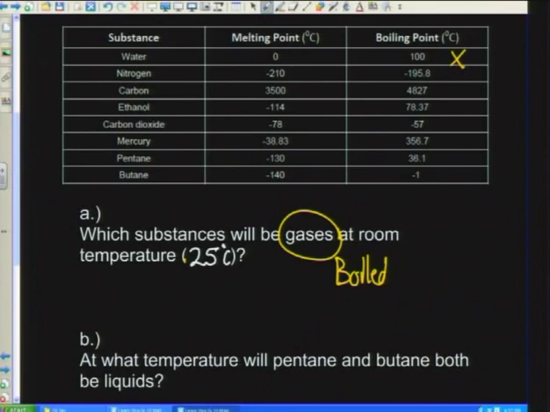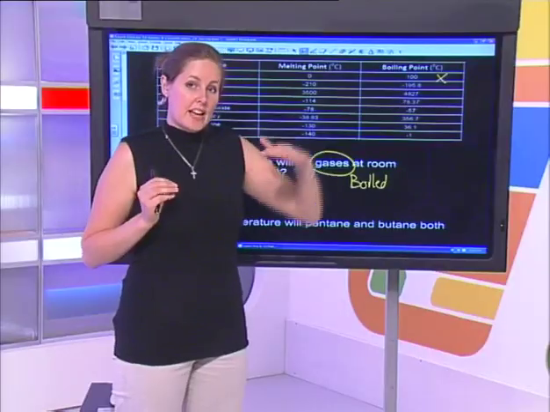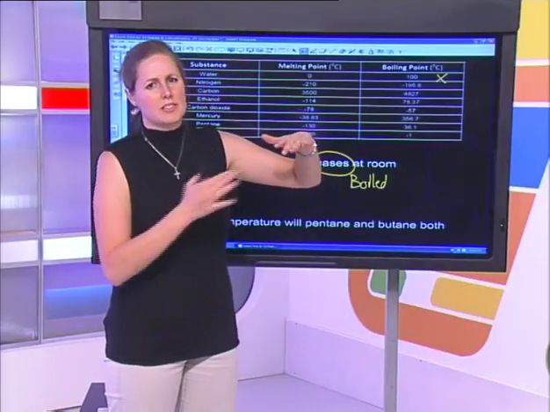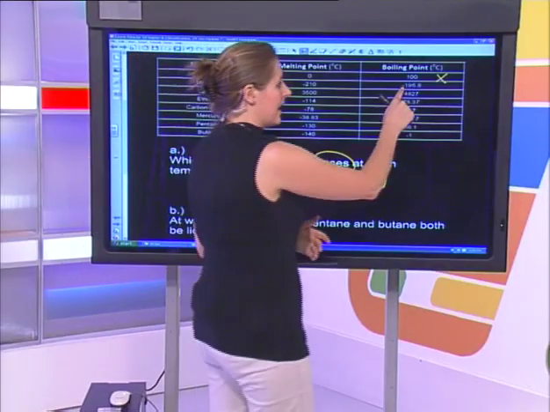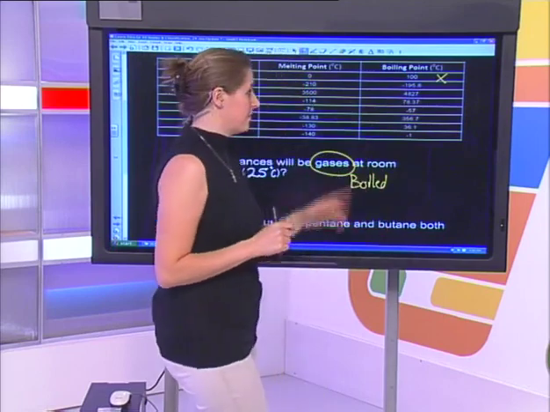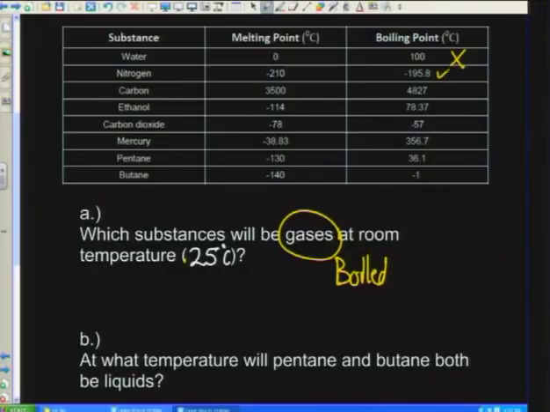Nitrogen, yes, it will be a gas because at 25 degrees Celsius, it would have boiled a long time ago. It boiled at minus 195.8. So yes, that's a gas. The next one, carbon. Carbon will boil at 4,827 degrees Celsius.